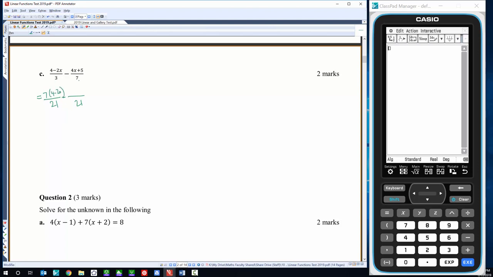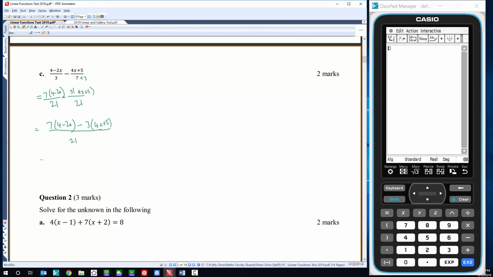And this one here was multiplied by 3, so it's 3(4x plus 5). All right, so what we're going to do is expand it and write it as one big fraction. Okay, so it's all over 21. And it's 7(4 take 2x), I'm just going to rewrite it as one big fraction, take 3(4x plus 5).